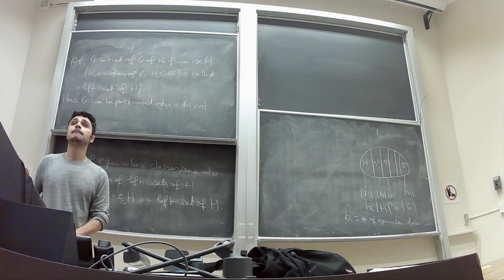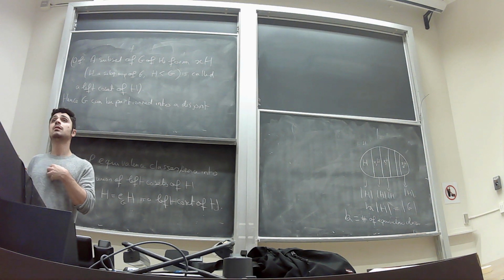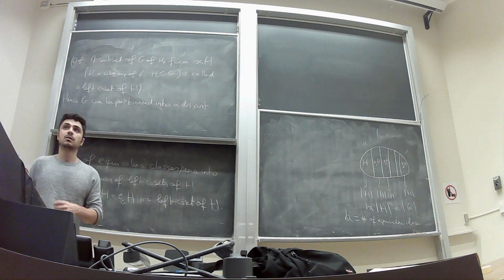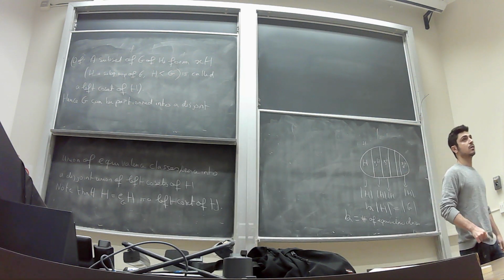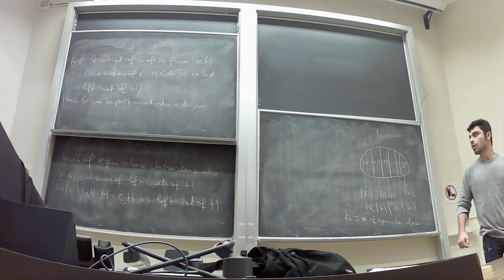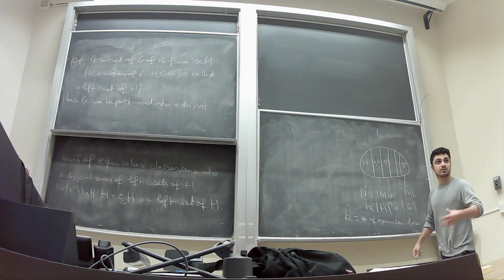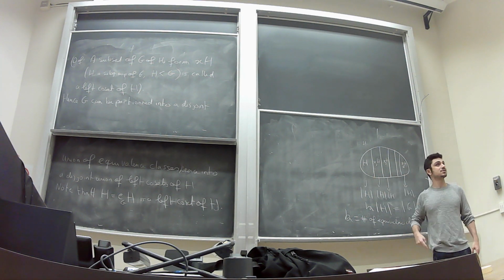Can any equivalence class be used for this group? What do you mean used for? I mean, we're only using the fact that we're partitioning into equivalence classes. Why do you have to specifically do the equivalence relation with x inverse y? That's a good question. Why did I pick this relation? I just wanted the equivalence classes to have the same size. And I wanted H to be one equivalence class.